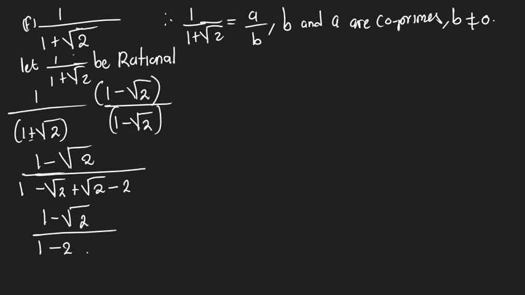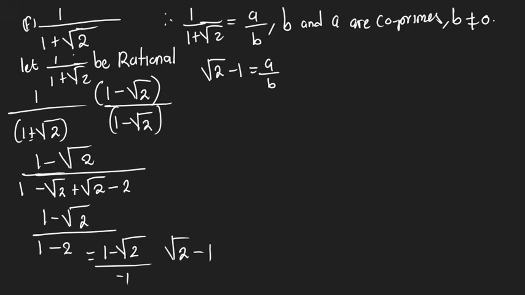So this is just going to be the same as 1 minus root 2 over negative 1, which can also be written as root 2 minus 1. So this is just the same as root 2 minus 1 is equal to A over B. Then root 2 is equal to A plus B over B. Same concept.